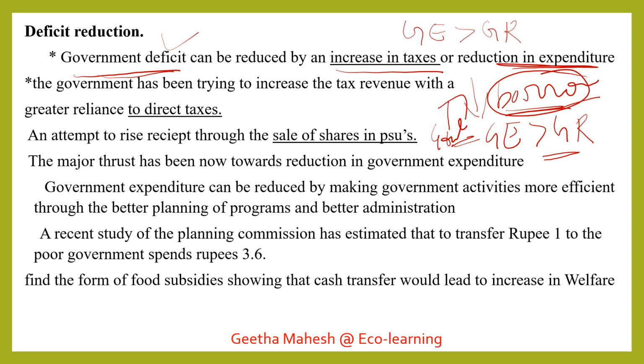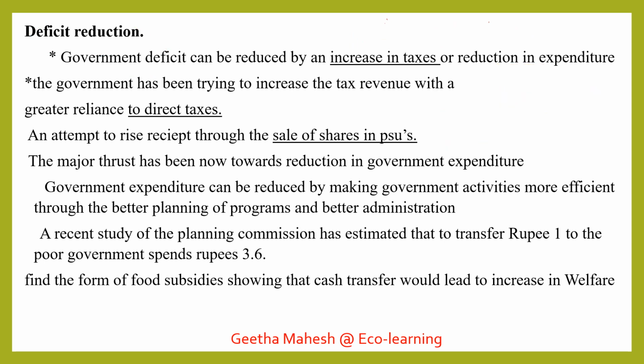So now either you have to reduce expenditure or you need to increase the revenue. Or if you do both things at a time, you can quickly achieve the balance between government expenditure and government revenue. In this way, you can reduce a deficit. So, government deficit can be reduced by an increase in taxes or reduction in expenditure.